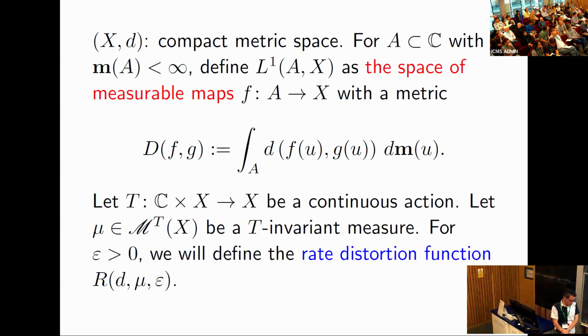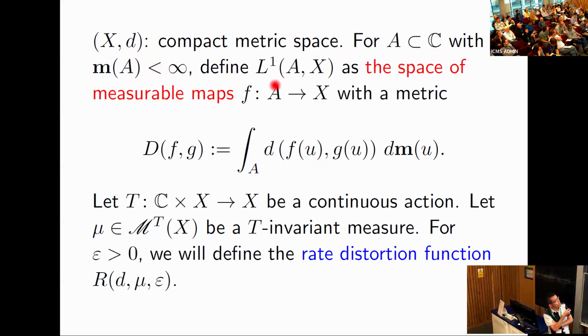Now, we want to define the rate distortion function. This is a very general theory. Let (X, d) be a compact metric space, and let A be some bounded Borel set of C with finite Lebesgue measure.